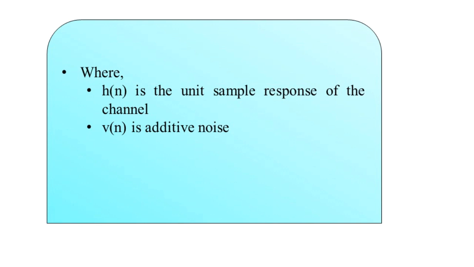This decision is typically made with a simple threshold device. It is the estimate, d cap of n, that opts for the value positive 1 for x of n greater than or equal to 0, whereas it opts for minus 1 for x of n less than 0.